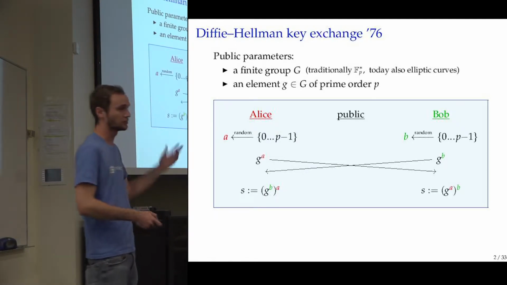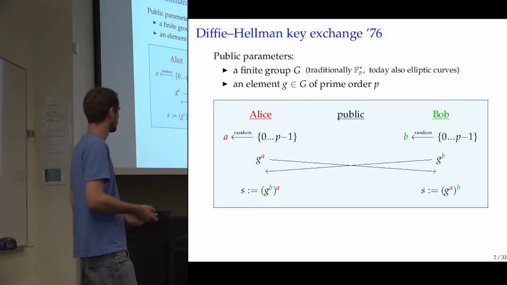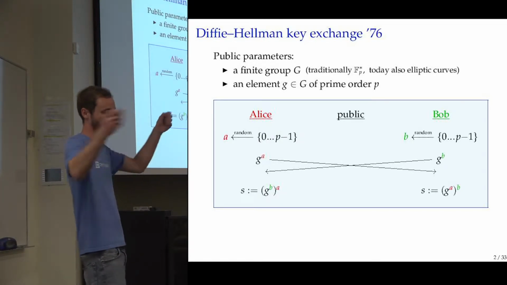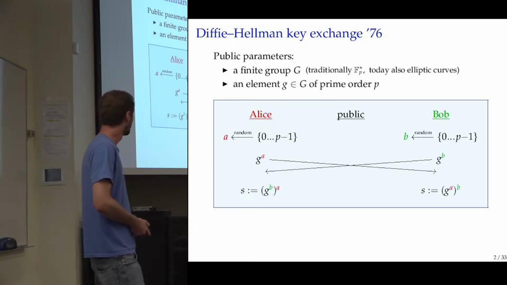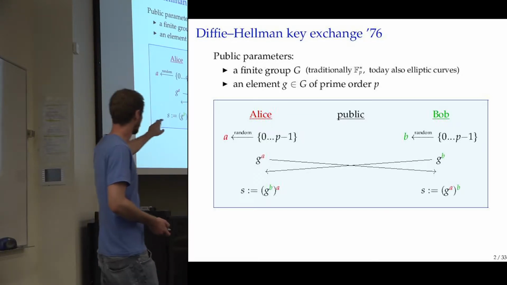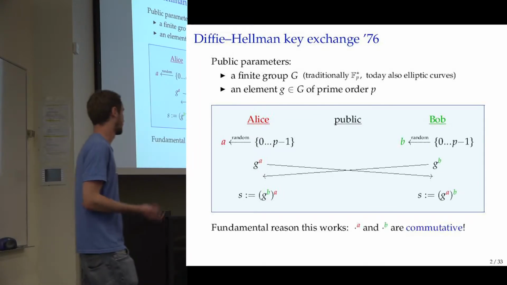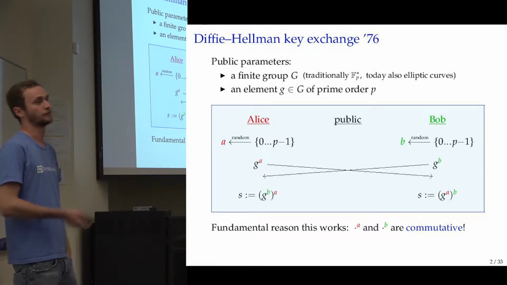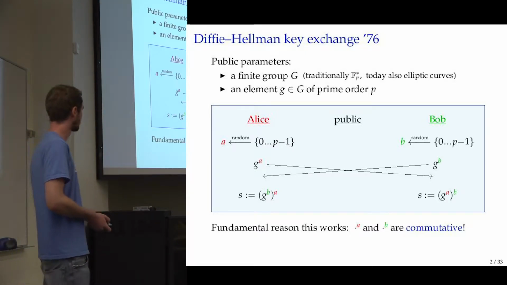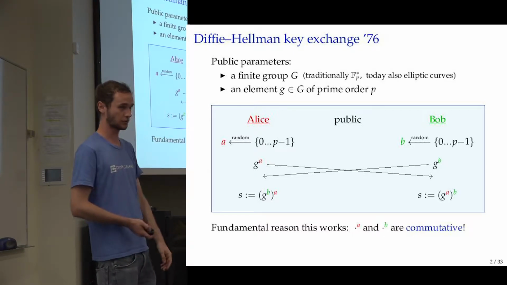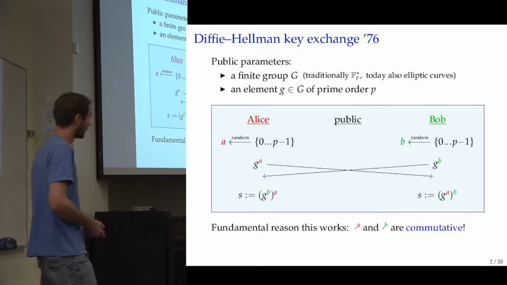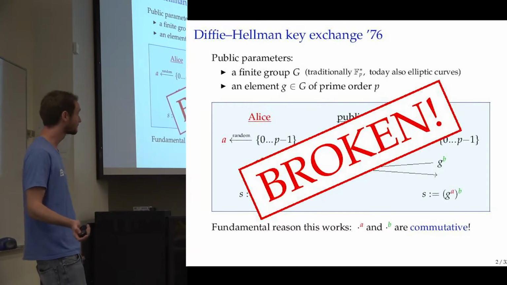Then Alice and Bob each compute g to the a and g to the b. They swap their elements and raise them to their secret exponent again. Because this exponentiation operation is commutative, they get the same secret. And if discrete logarithms and the Diffie-Hellman problem are hard, then nobody along the way can figure out what the shared secret is. But now the problem is, as we learned yesterday, it's broken.